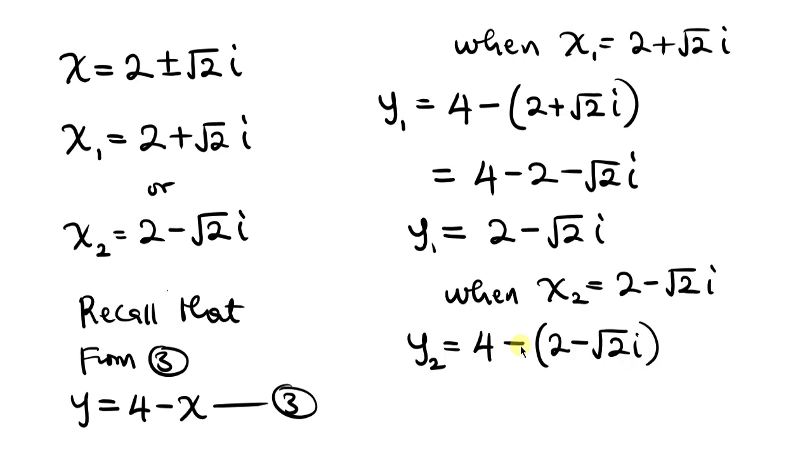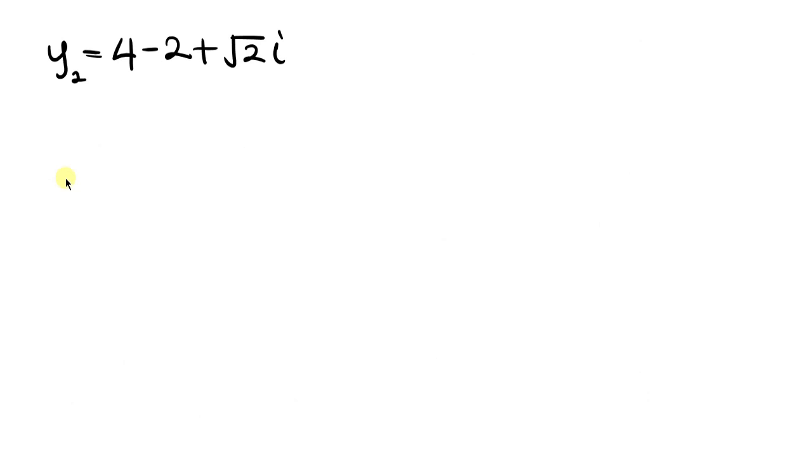Let's open up the bracket using this negative outside. So y would then be 4 minus 2. Then minus times minus is plus, that's plus root 2 i. Very good. So this simplifies into 4 minus 2, that's 2 plus root 2 i.